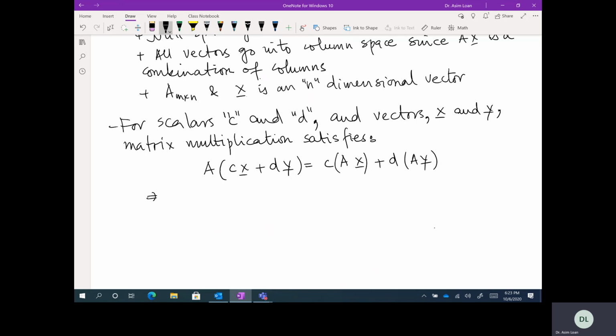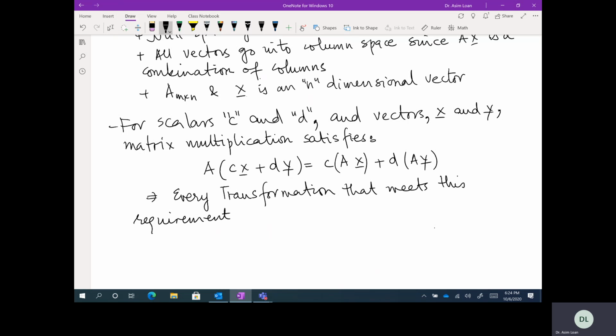So every transformation that meets this requirement is called a linear transformation.